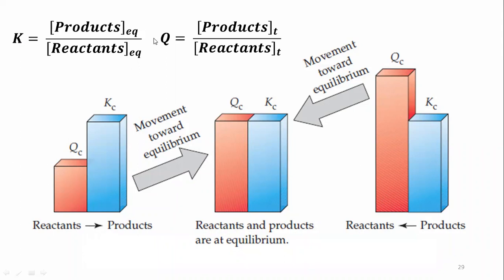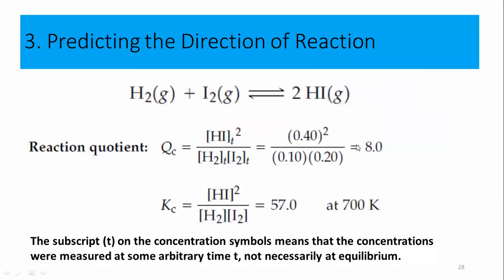And again, this is the K, product divided by the reactant concentration at equilibrium, and Q is the same expression but at any time other than equilibrium. So what would be the condition? As this is one of the conditions, when the value of Qc is less than the value of the Kc.